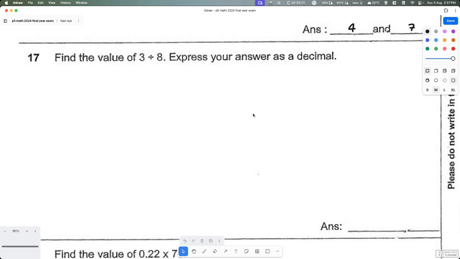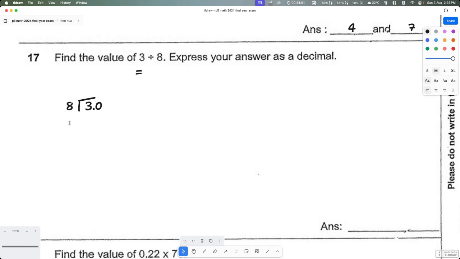Question number 17. Find the value of 3 divided by 8. Express your answer as a decimal. So in this case, let's do the workings for 3 divided by 8. We have 0.0 over here because 3 cannot be divided by 8.